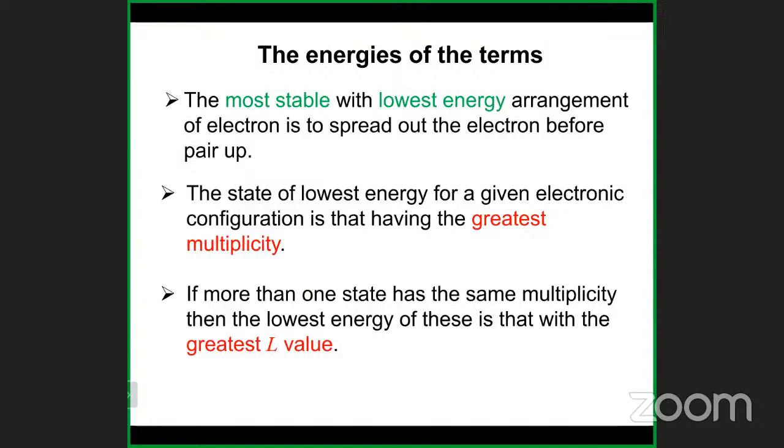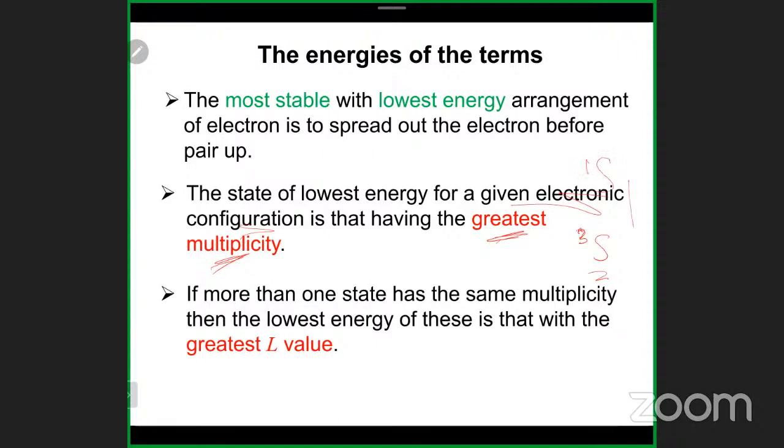So the most stable, lowest energy arrangement, once you have the symbols, is spread out. The lowest energy arrangement of electrons is to spread out the electrons before pairing up. So the lowest energy for a given electronic configuration is the one having the greatest multiplicity. So 3S is lower than 1S.